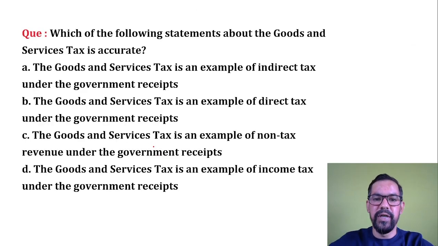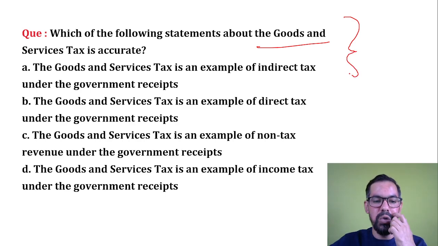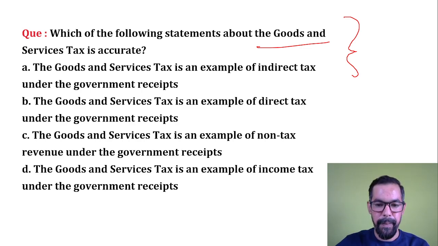Now next question on your screen, guys. Which of the following statements about the GST is accurate? If you talk about GST, it is known as goods and services tax. So quickly go through these particular statements. First one is GST is exempted.